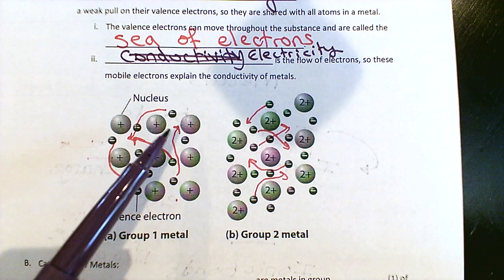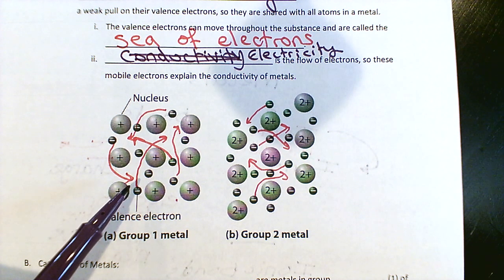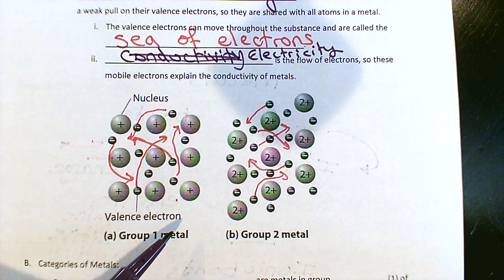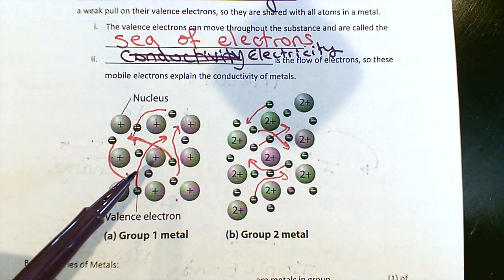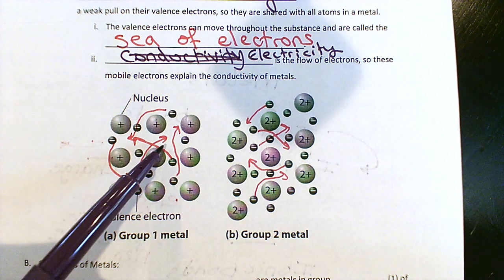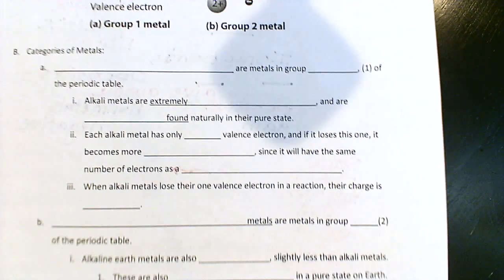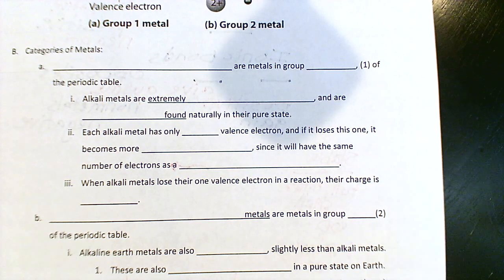These electrons could very easily flow, so that explains the conductivity. That's literally what conductivity is, the ability for electrons to flow. That's electricity.